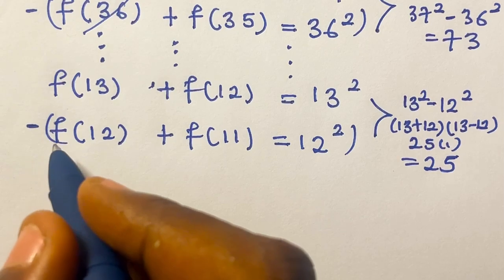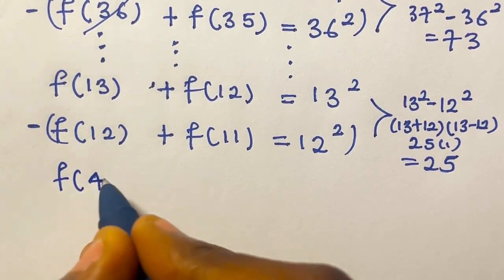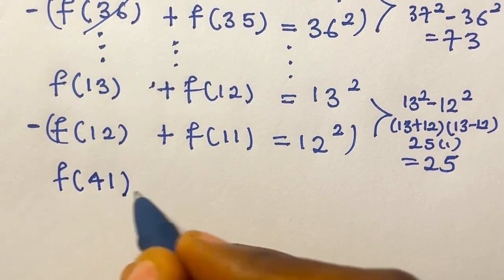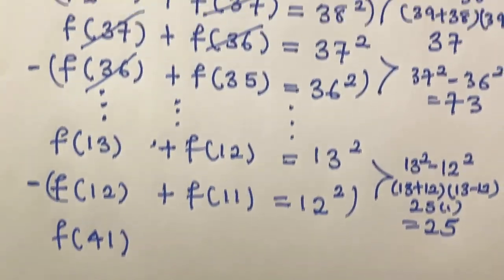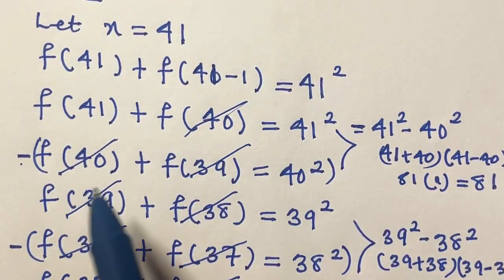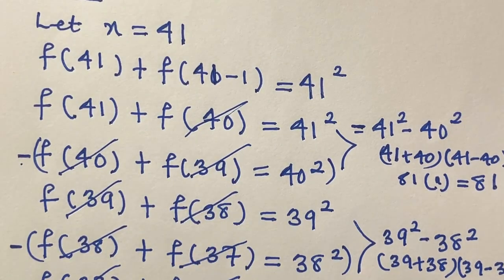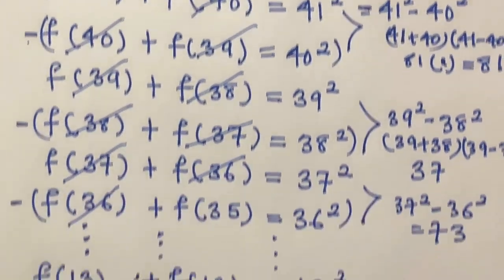But recall that our f of 41, all right, that is the one that is left. We have f of 41. So all these, every other one, they are cancelled.